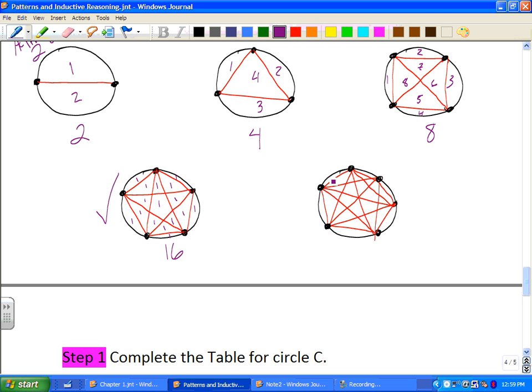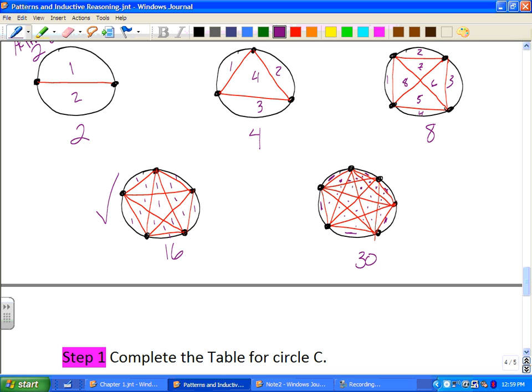Conjecture was good. I have 1, 2, 3, 4, 5, 6, 7, 8, 9, 10, 11, 12, 13, 14, 15, 16, 17, 18, 19, 20, 21, 22, 23, 24, 25, 26, 27, 28, 29, 30.